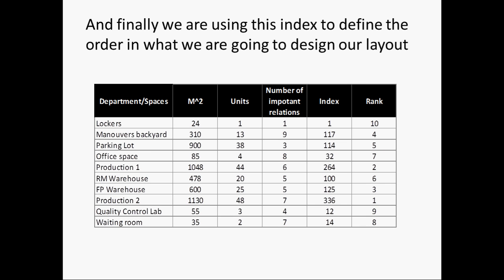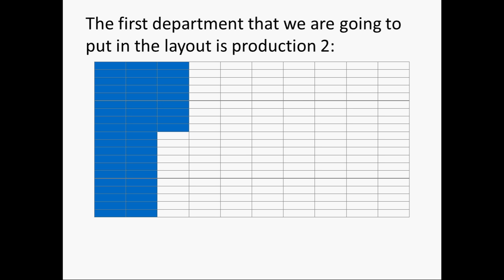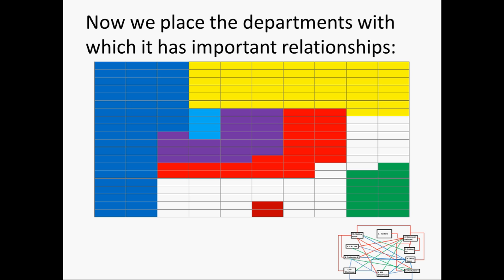But let's go to this design of the layout. The first department that we're going to put in the layout is production 2. It has 48 units. We colored 48 cells, 48 units in the layout. Now we place the departments which have the most important relationships.